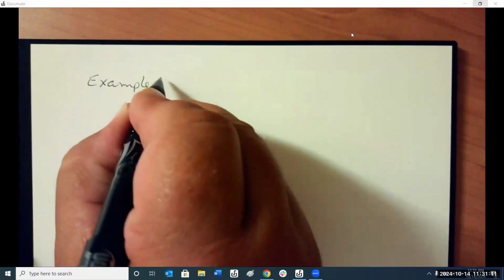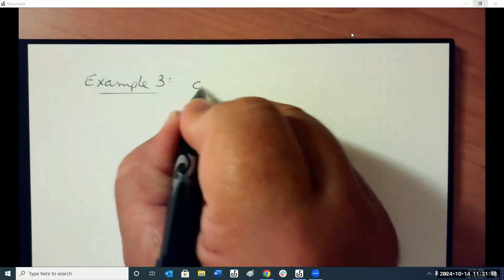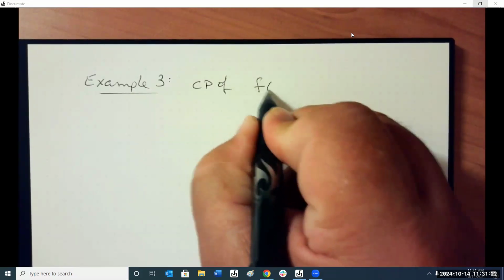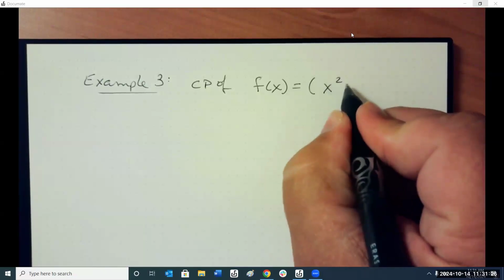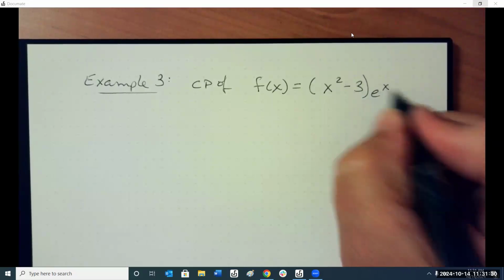Let's go to example 3. Find the critical points of f of x equals x squared minus 3 times e to the x.